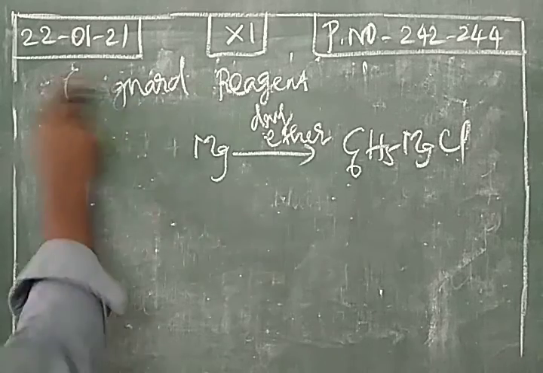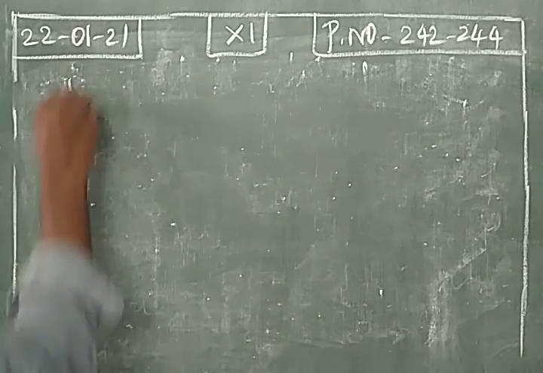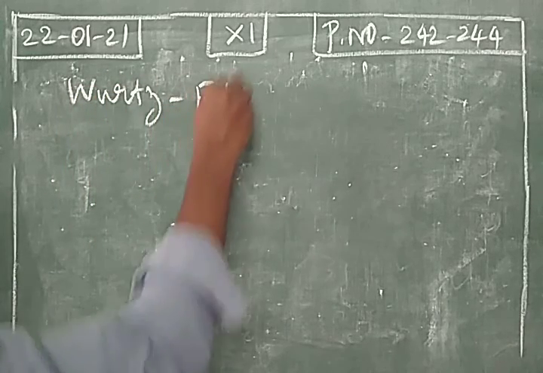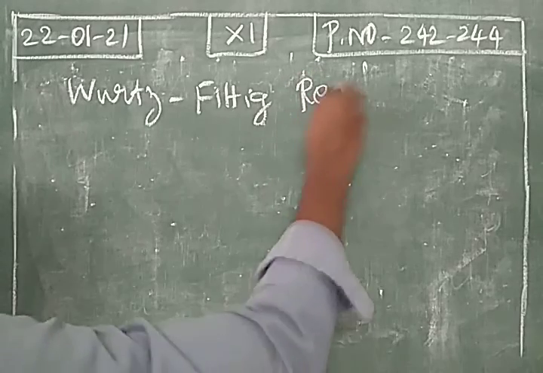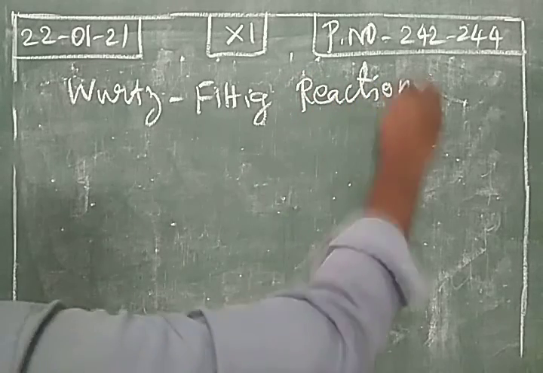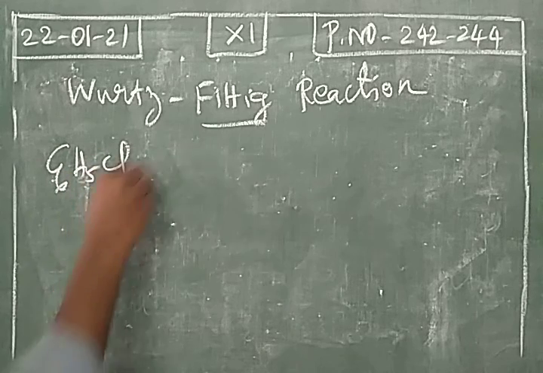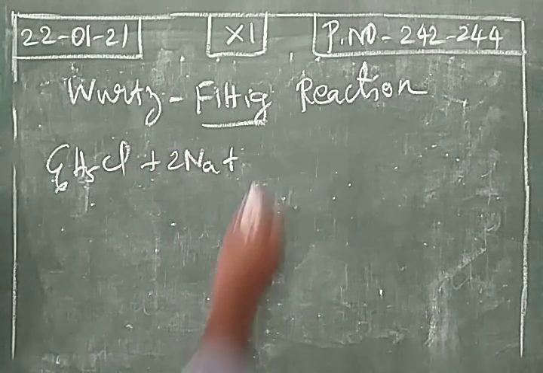Next one, Wurtz-Fittig reaction. Always naming reactions are important. Chlorobenzene reacts with sodium metal along with an alkyl halide.